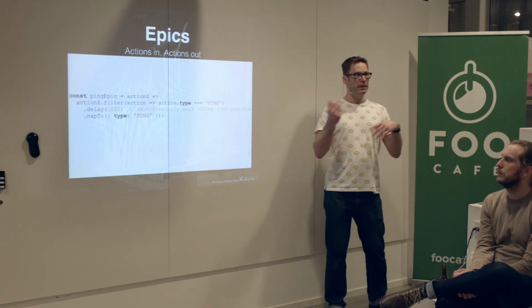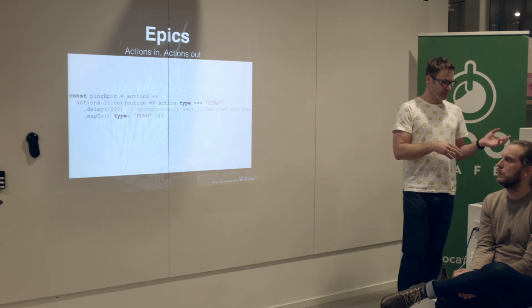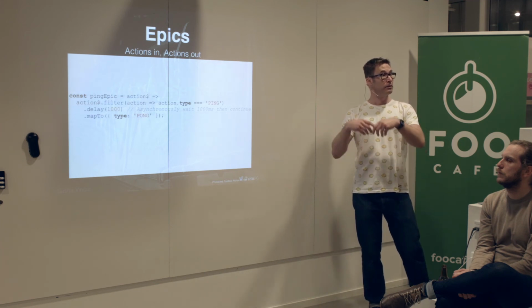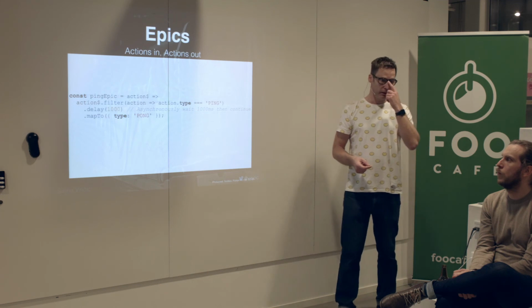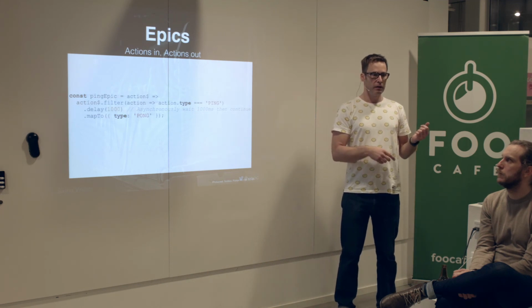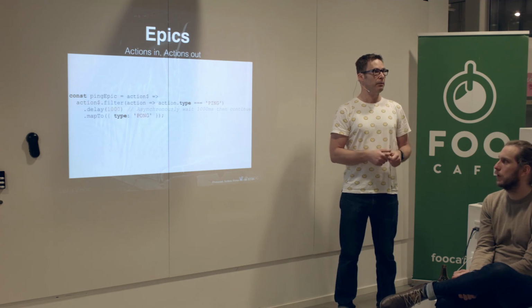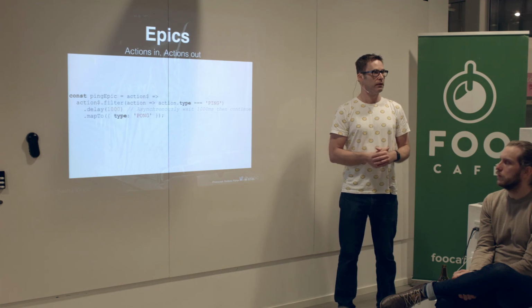What an epic is, is a stream of actions in, and it returns a stream of actions out. So let's say you emit an action, this user wants to log in.